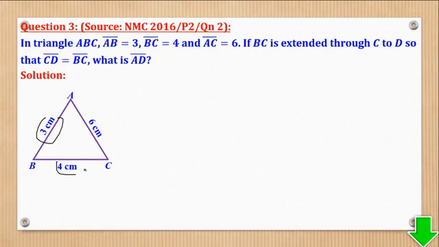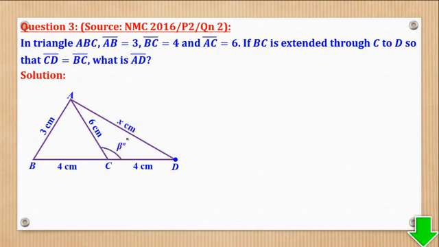AB is that, this is that, and that is that. Extending means we make it longer to point D, such that CD is equal to BC, meaning that if this is 4, this will also be 4. So what is AD? We need to join using a straight line AD.